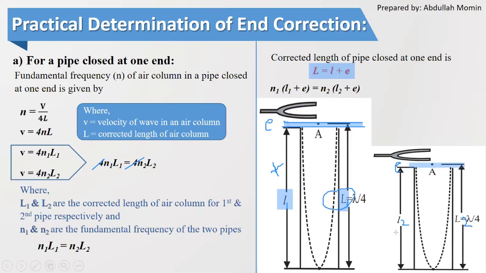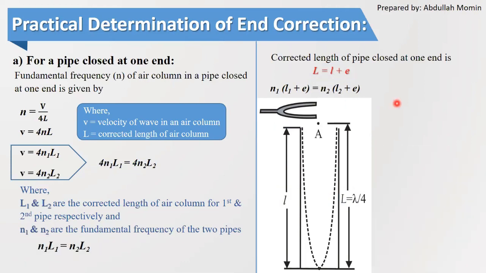So when you add small l2 plus small e, the total length will be L2. So in this equation, instead of L2, we are going to put small l2 plus E. That is the corrected length. That is the formula of corrected length. And if you want to learn this in detail, just watch the video by clicking on the I button.